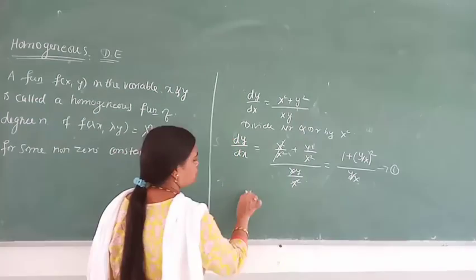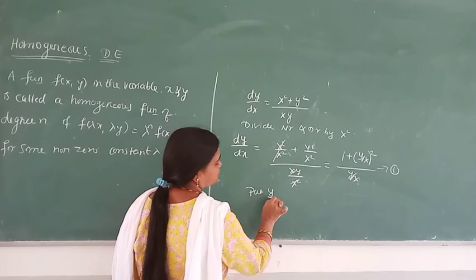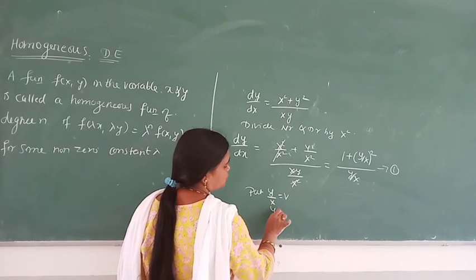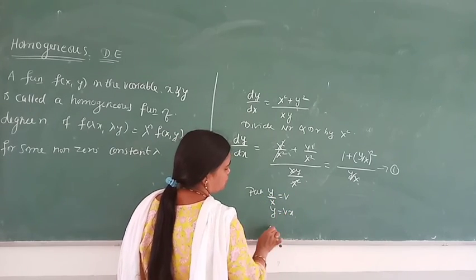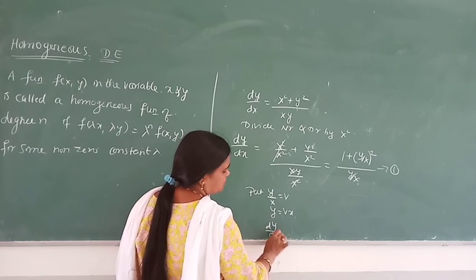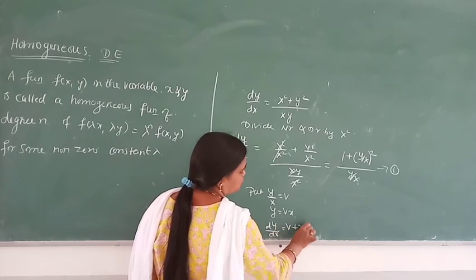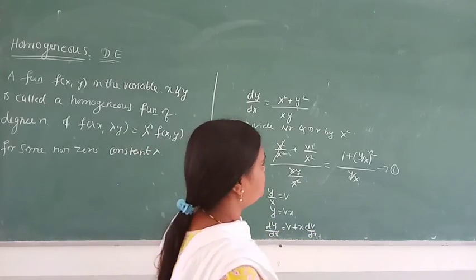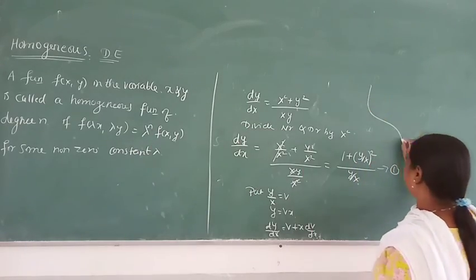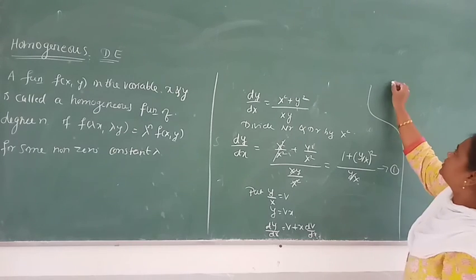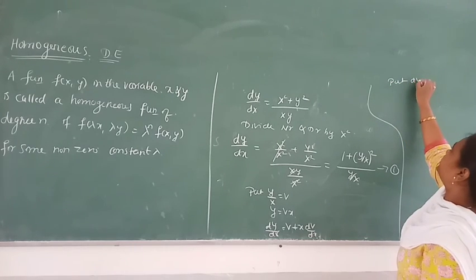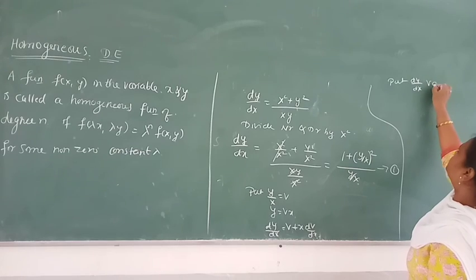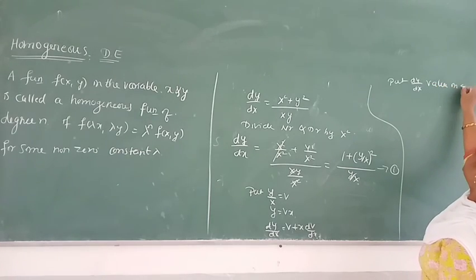Therefore, we have to put y by x is v, meaning y is equal to vx. Therefore, dy by dx is v plus x into dv by dx. That one we have to substitute in equation 1. Put the dy by dx value in equation 1.